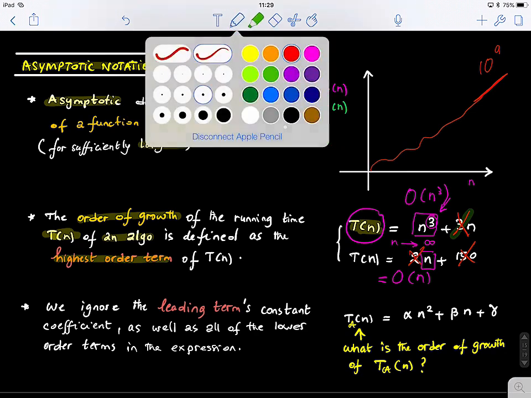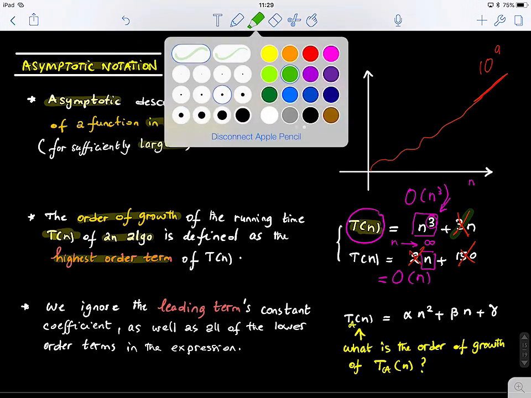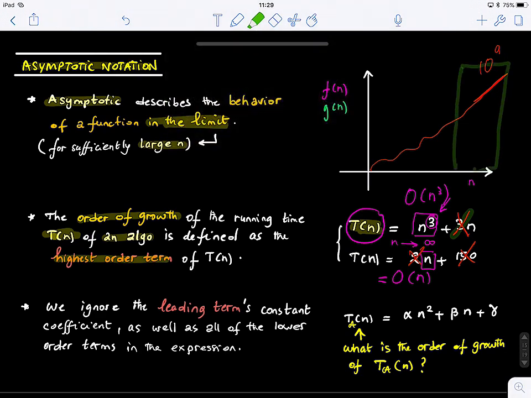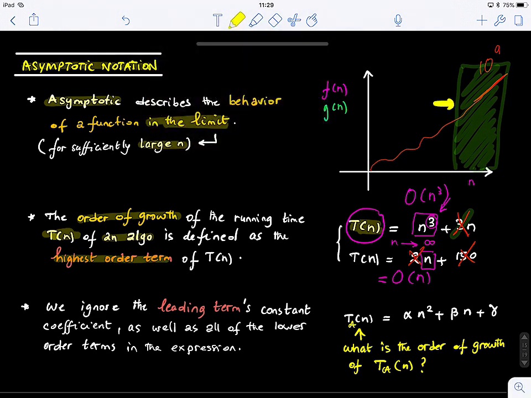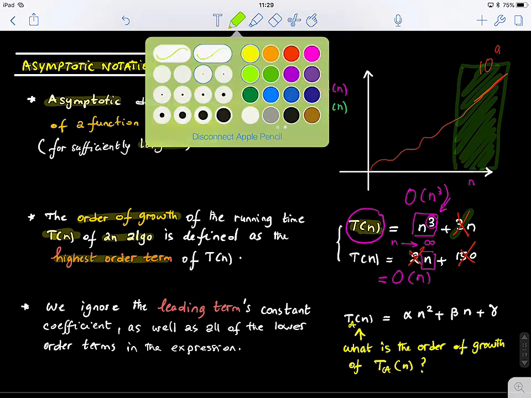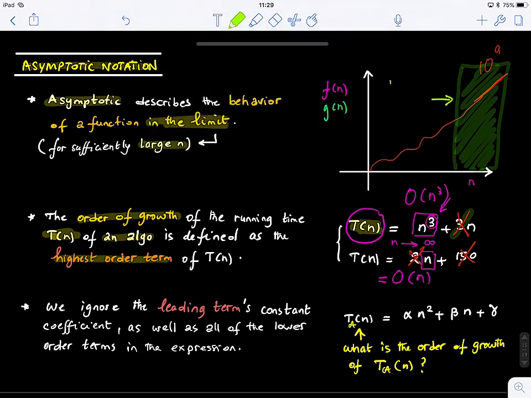Asymptotic space, let me just draw it here. Asymptotic space means when your n becomes so large, okay? This is what we are interested in. Why, guys, are we interested in this space? Anyone can tell me? When n grows very large, when we have a large input size. Any ideas?